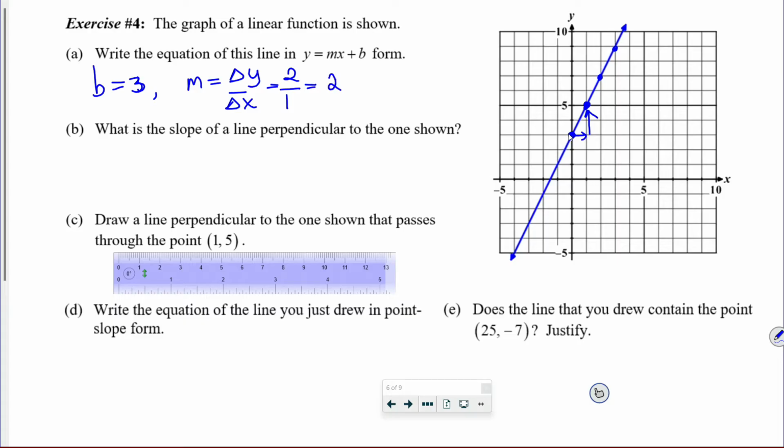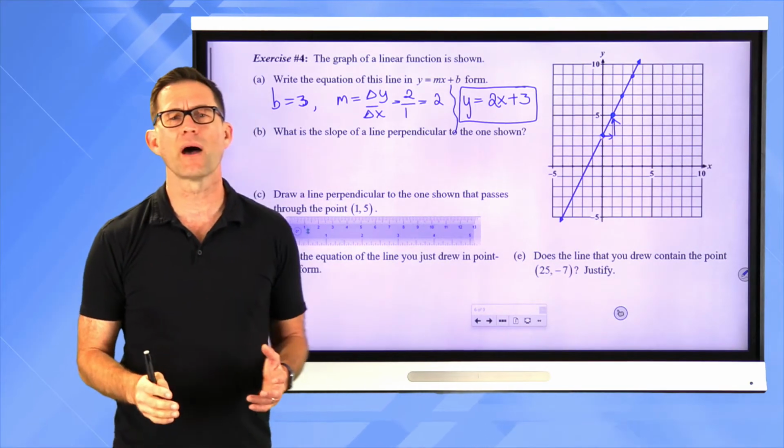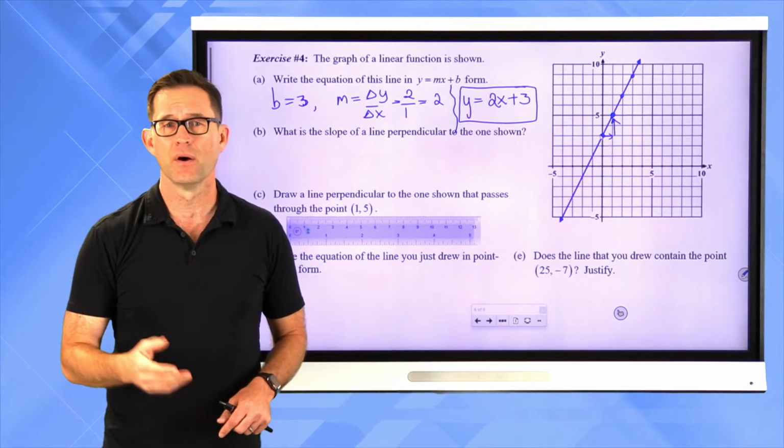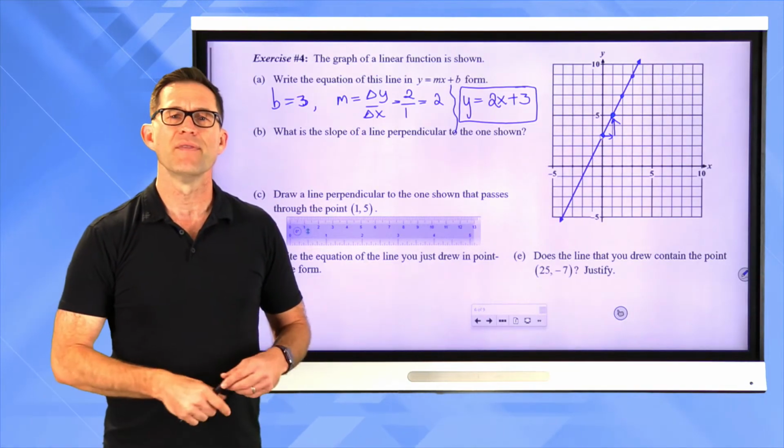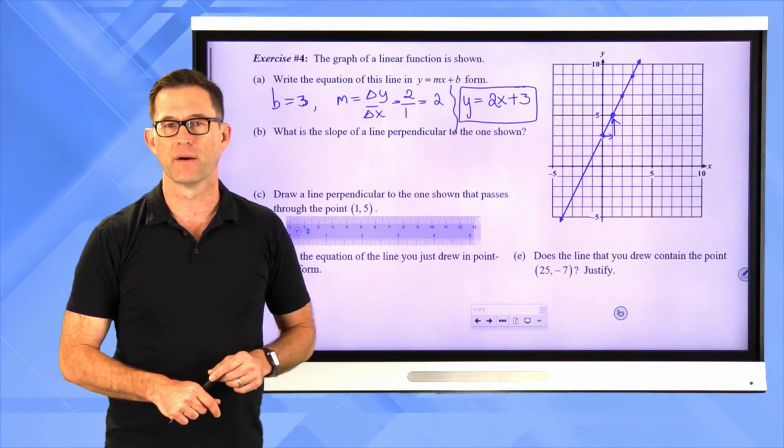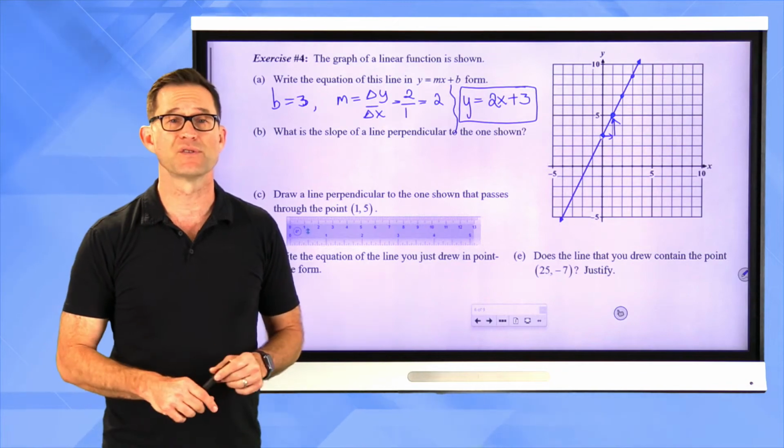So that's just a slope of 2, which means the equation of our line is y equals 2x plus 3. And of course, you could say 2 over 1 times x plus 3, but most of the time when our slopes are integers, whole numbers, plus or minus, then we don't put a denominator of 1 there. So y equals 2x plus 3.